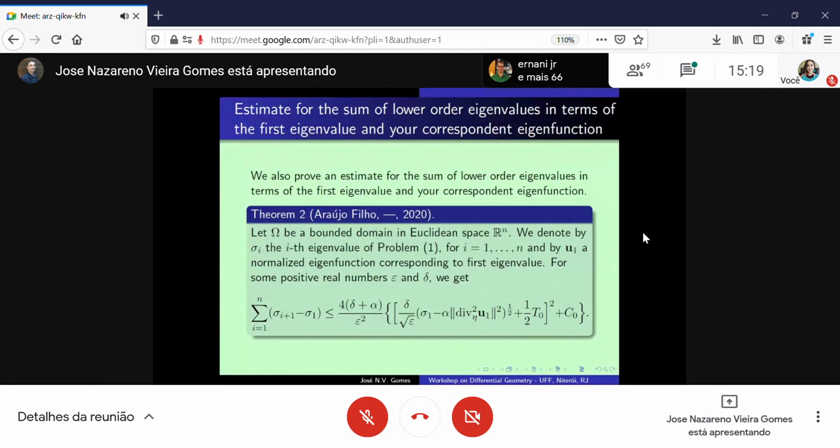Another theorem is this one. But this theorem is like theorem 1. It's very technical, but it's very useful.